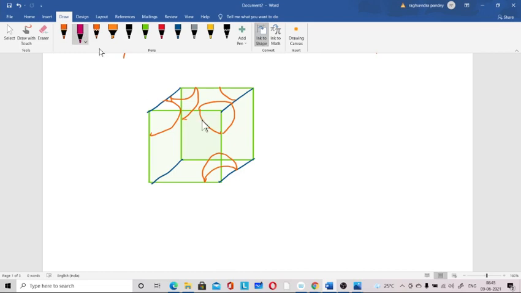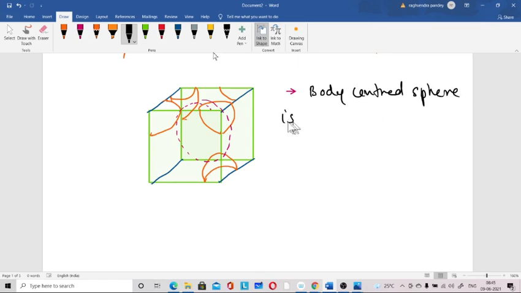Now the central sphere is large enough. The body centered sphere is large enough to touch each corner sphere.